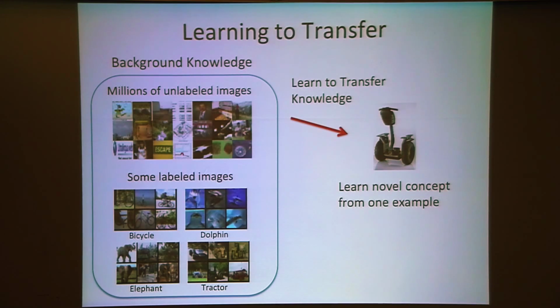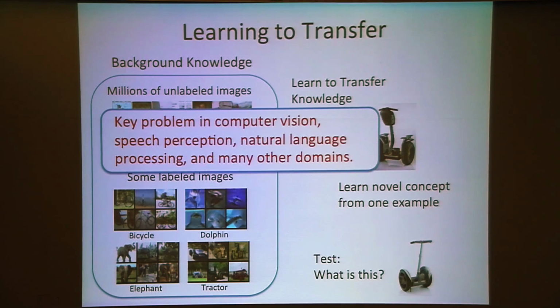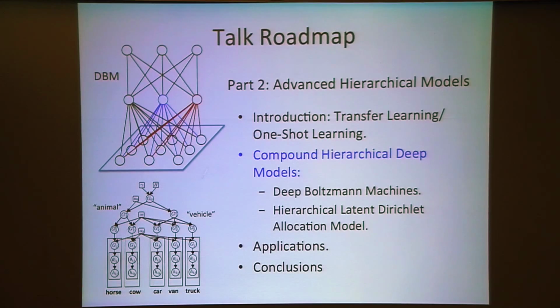Then the question is, how can you start getting to know a new concept or new class fairly quickly, maybe just from a single example, okay? And then start testing what that is. This is a key problem in computer vision, speech perception, speech recognition, NLP, and lots of other domains.